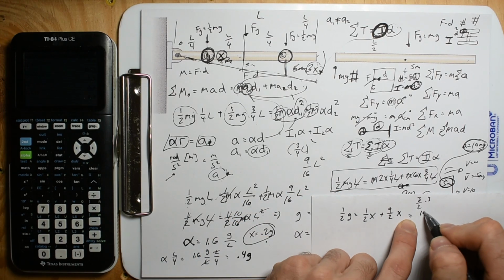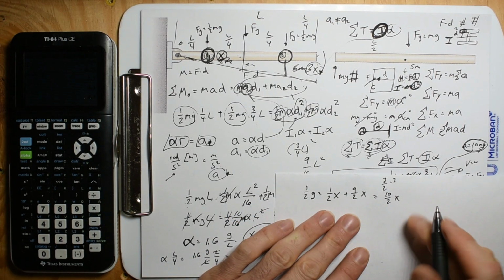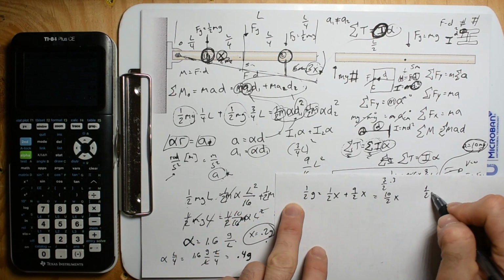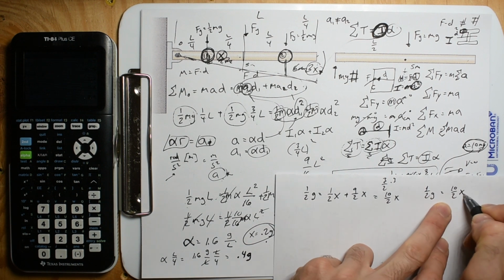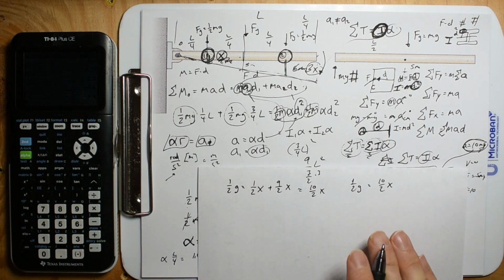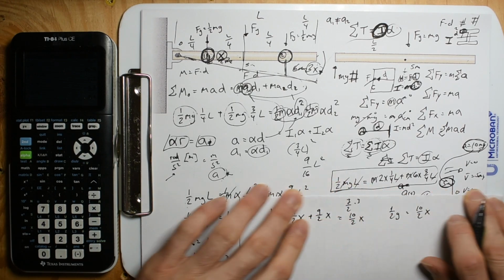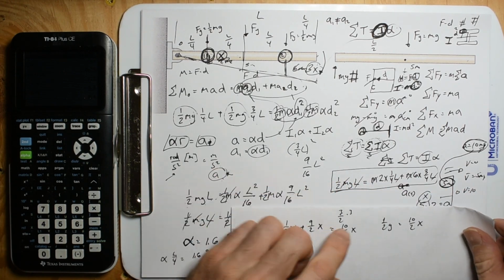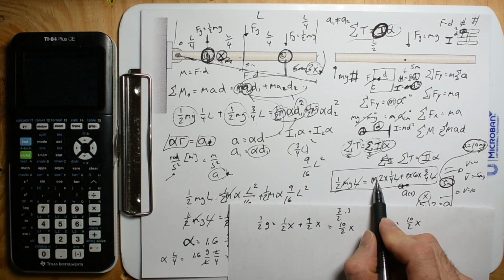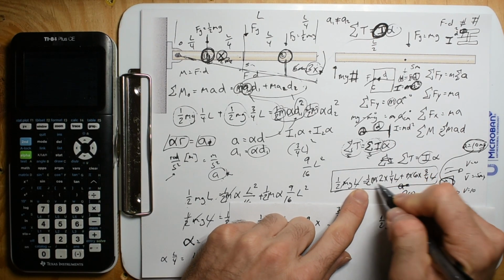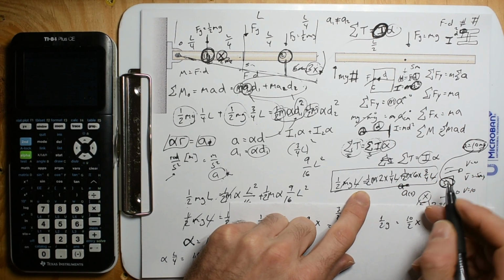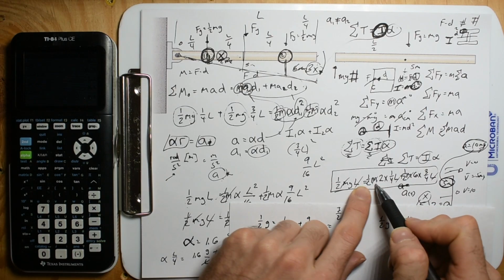So we're going to have 10/2 x. So we have 1/2 g is equal to 10/2 x. Oh, I feel like we messed something up here too. Did I not do my mass? Yeah, my mass has to be 1/2. Holy Toledo. Yep, so sorry I messed that up.